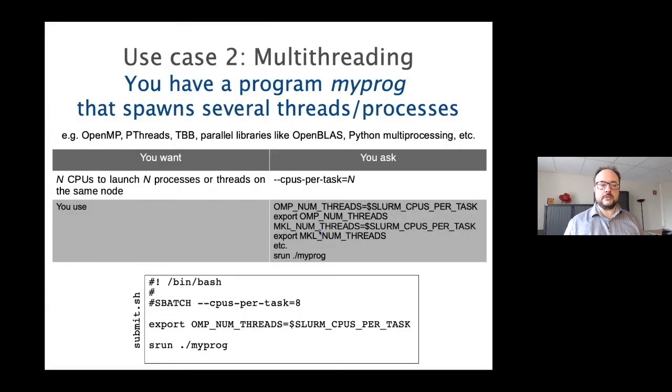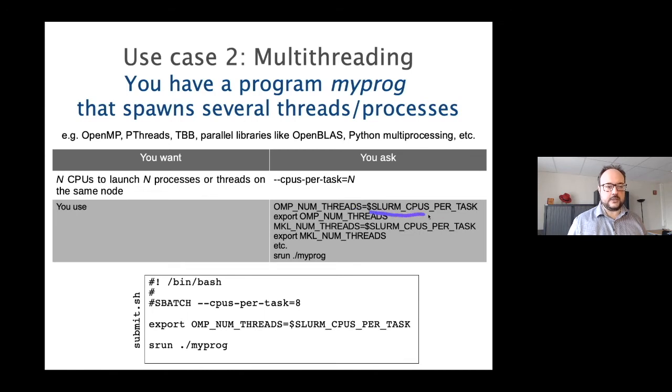On some clusters, it's done for you automatically because the administrators have injected that into the prologue of the jobs. Sometimes you need to do it by yourself, so maybe it's better always to specify it explicitly. And here, you don't need to put an exact number.